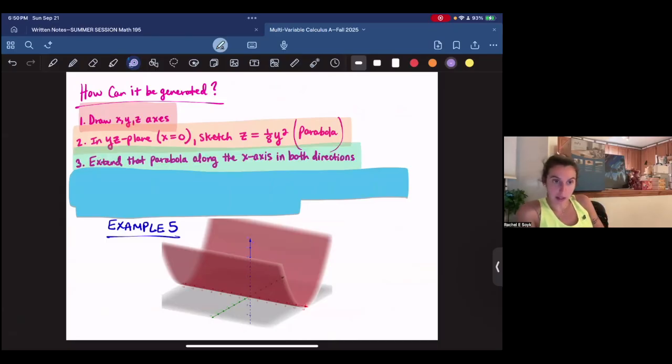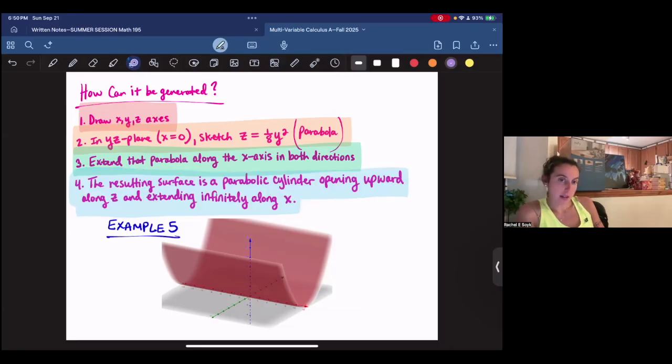And then last but not least, our resulting surface is our parabolic cylinder that is opening upwards along our z and extends infinitely along our x. And so you can see a nice, beautiful visualization over here.